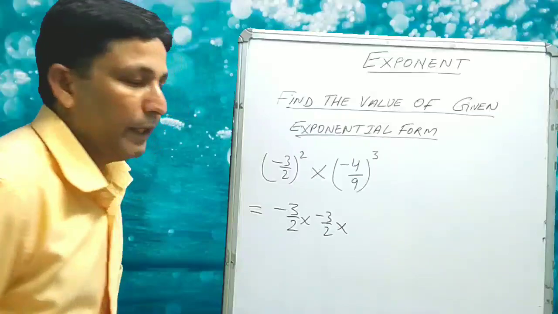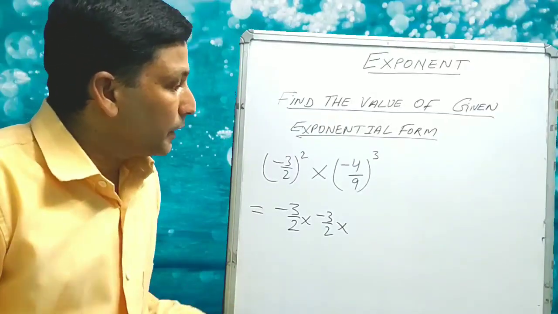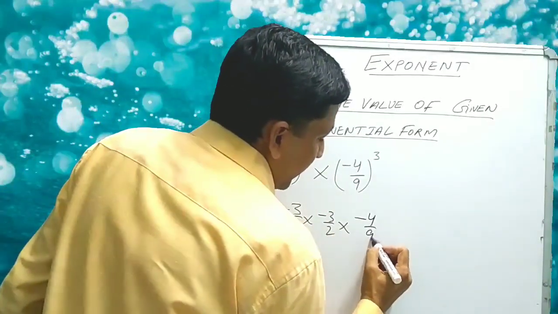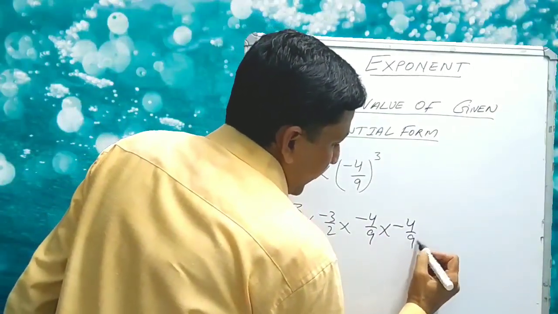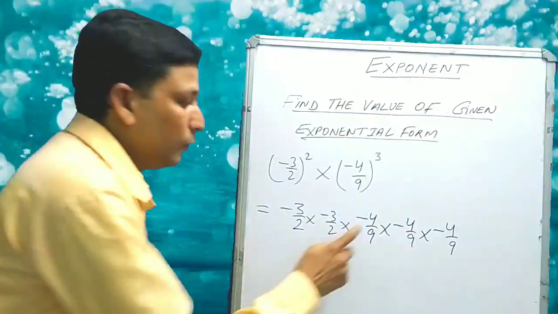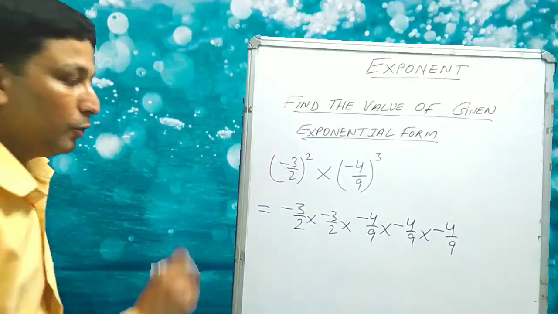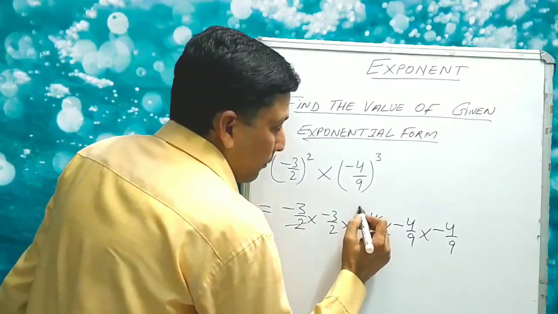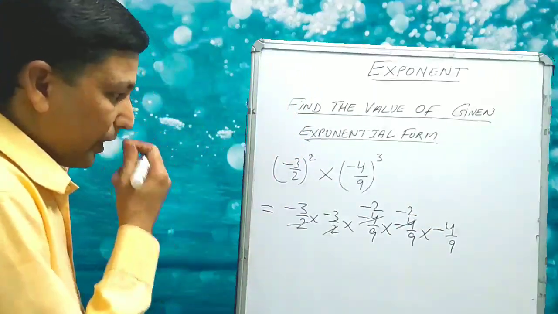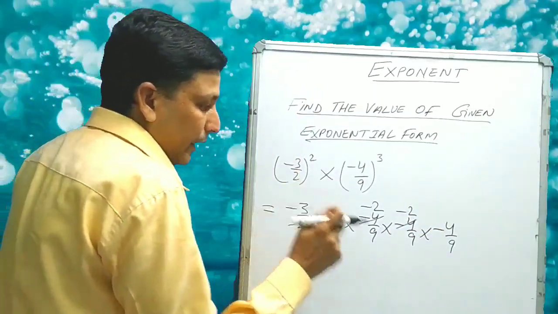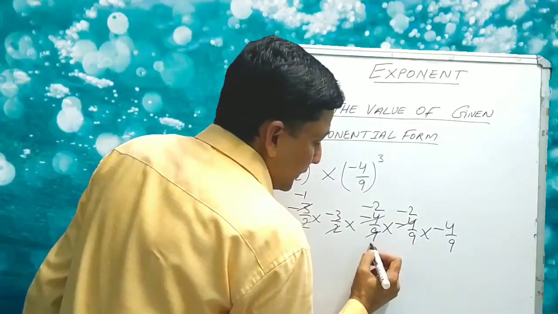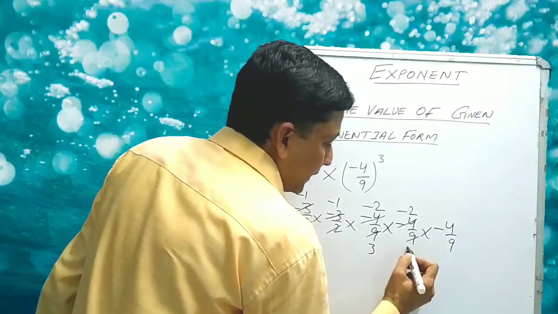Now minus 4 upon 9 will be expanded for 3 times because the power given is 3: minus 4 upon 9 into minus 4 upon 9 into minus 4 upon 9. Here you can see that this 4 can be divided by this 2 for 2 times. So here we will divide 2 to the 4, and again we can divide minus 2 to the 4. Now this 9 can also be divided by this 3 for 3 times: 3 ones are 3, then 3 threes are 9.